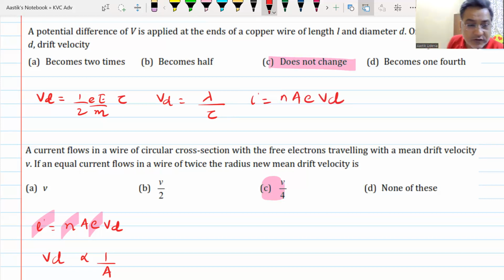These are the three or four formulae that we know about this. In one case, I am saying that it is inversely proportional to the area of cross section. In the first case, a potential difference of V is applied. How are these two things related?